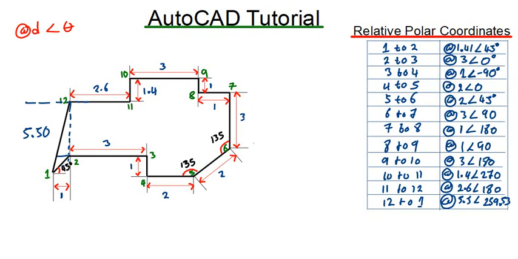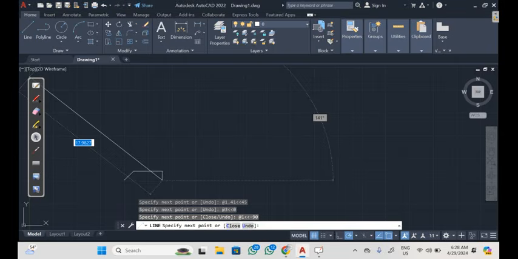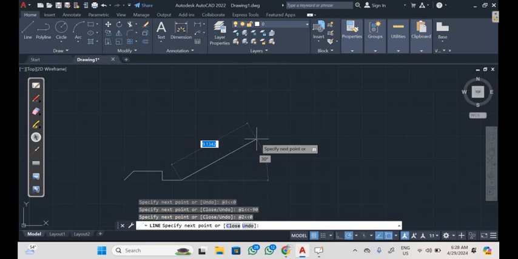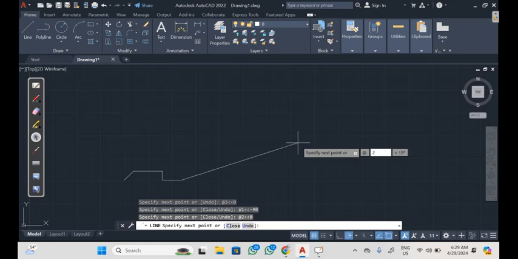Then 4 to 5 is actually 2, with an angle of 0. So it's at 2, with an angle of 0, and I enter. Then the other one, 5 to 6, is at 2, then an angle of 45. I enter.